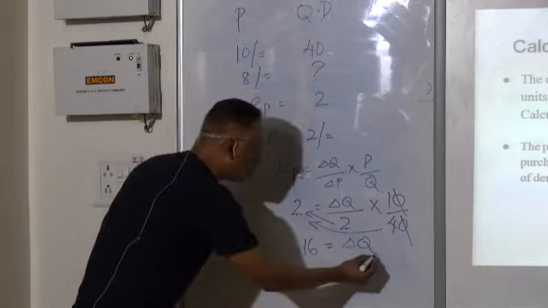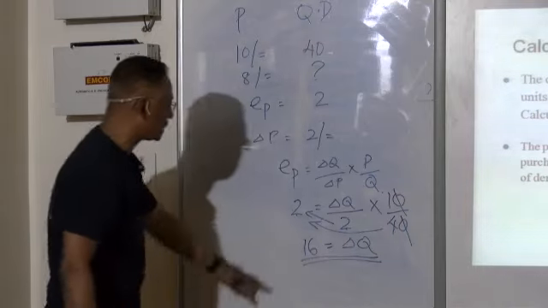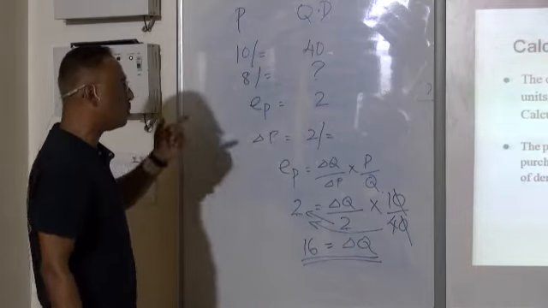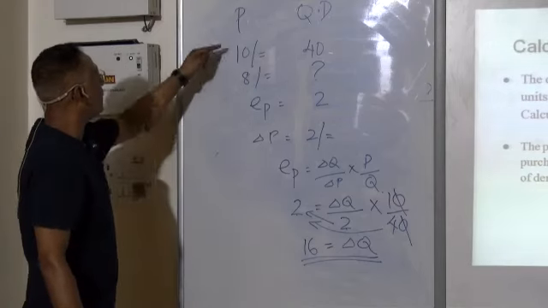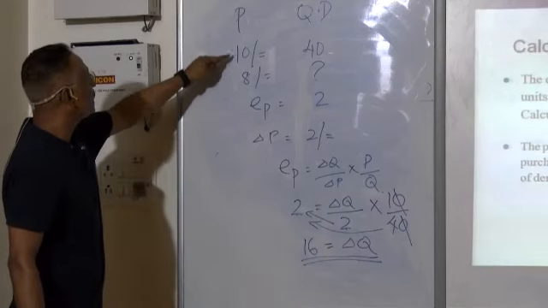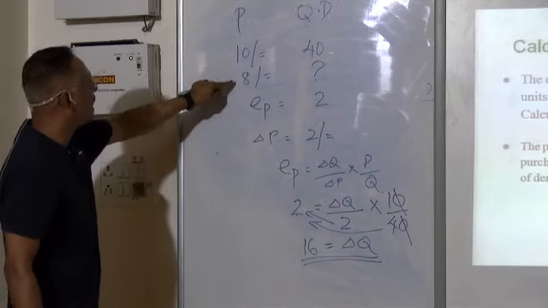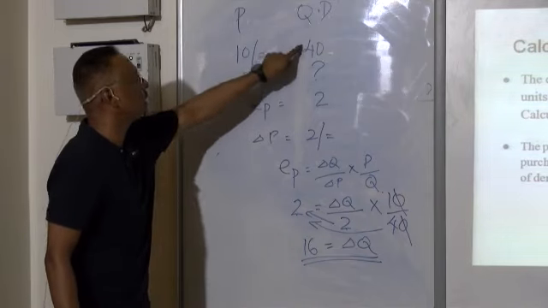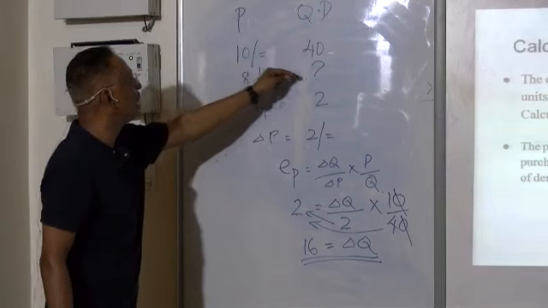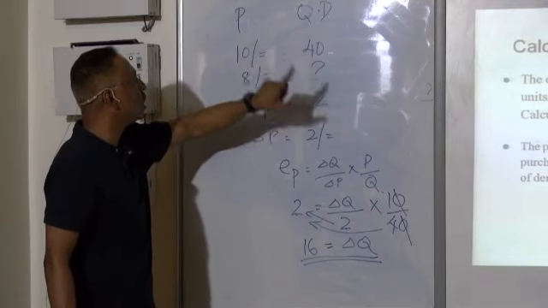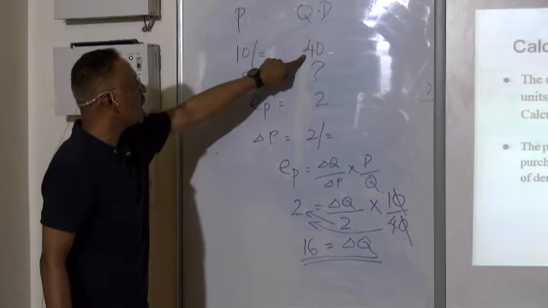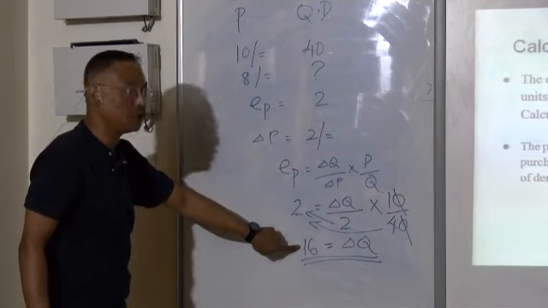So once you know the change in the quantity demanded is coming to 16 units, you'll have to go back to the question and say the price is decreasing. If the price decreases, then quantity demanded should increase. When price falls, demand will increase. That means originally it was 40 units. Now it will increase by 16 units.